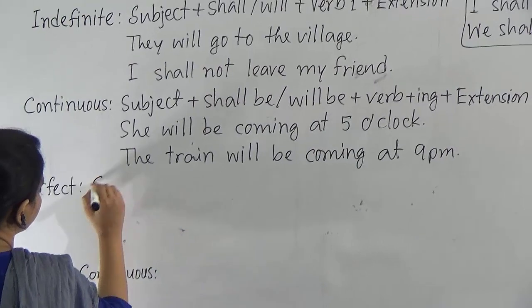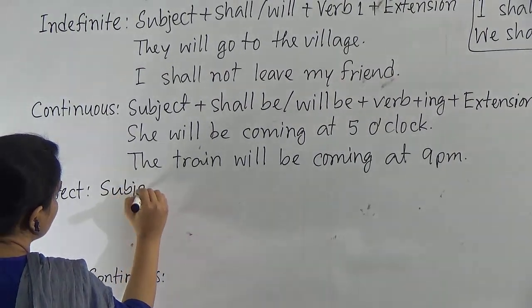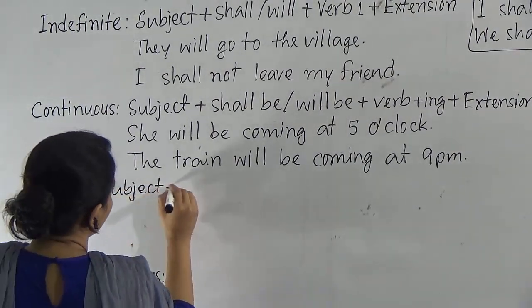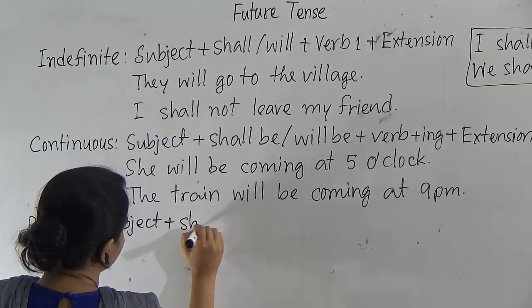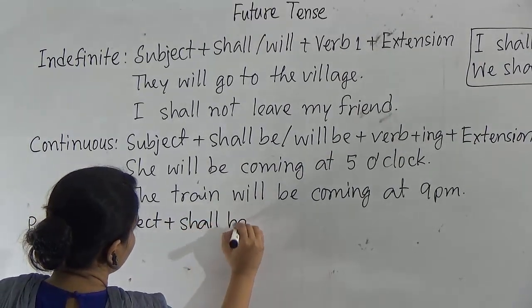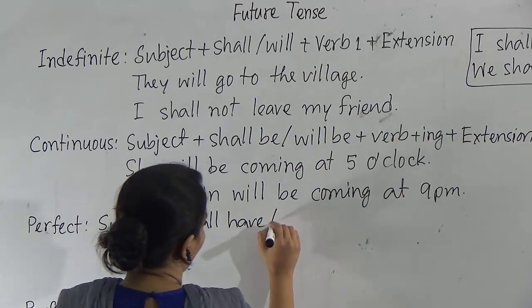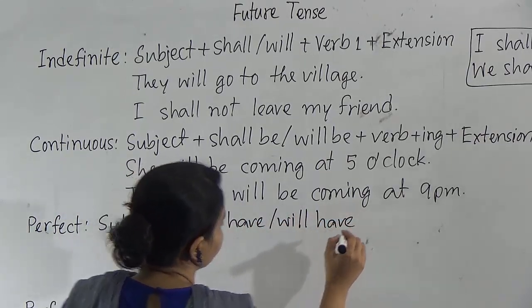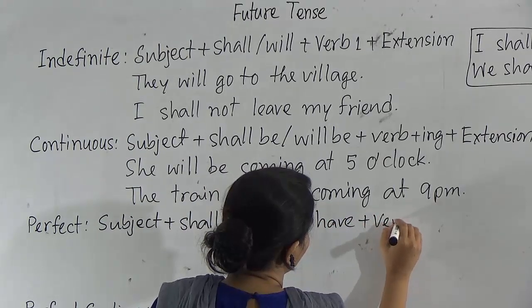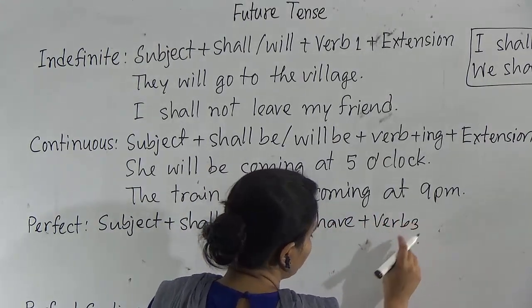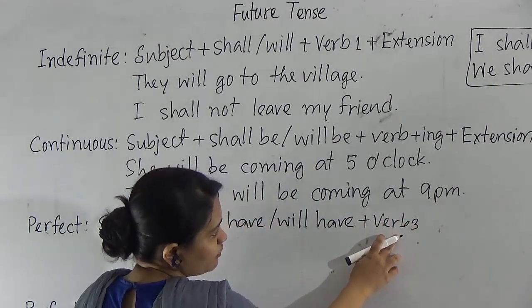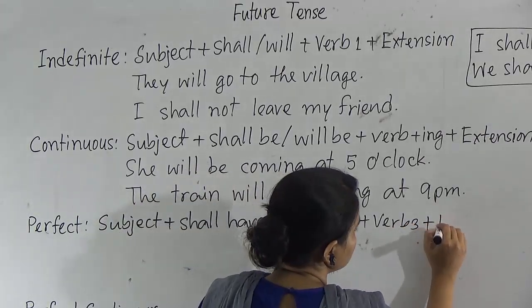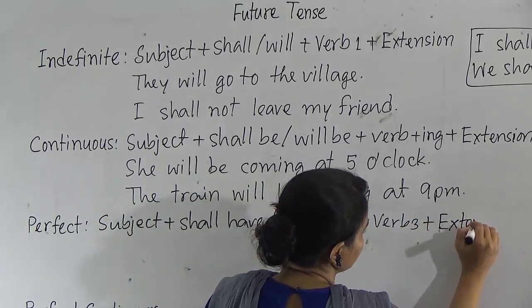Now the structure: subject plus shall have or will have plus verb 3, that means the past participle form of the verb, plus extension.